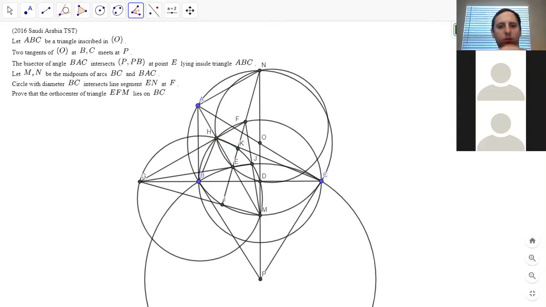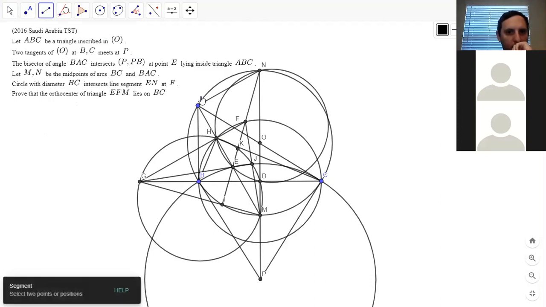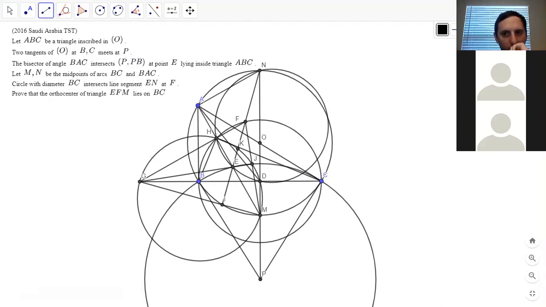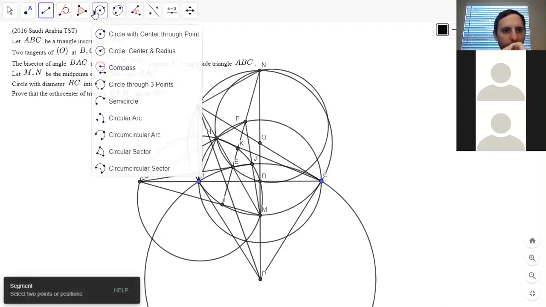I wonder, let's check this out. I wonder if I draw the tangents from T to the circle.